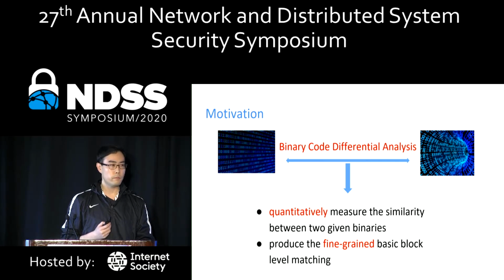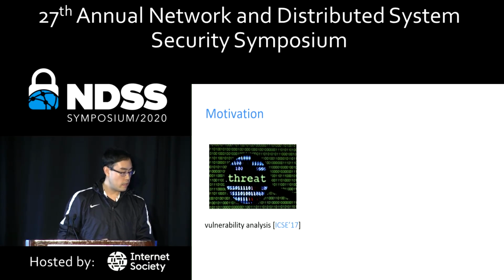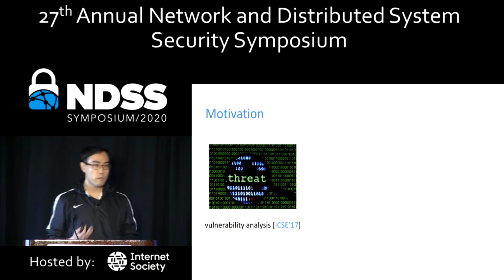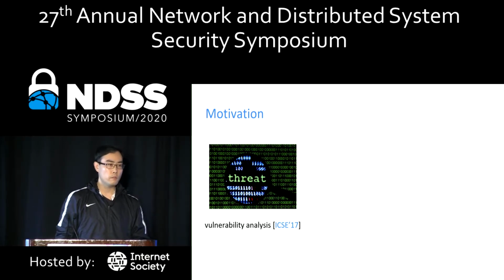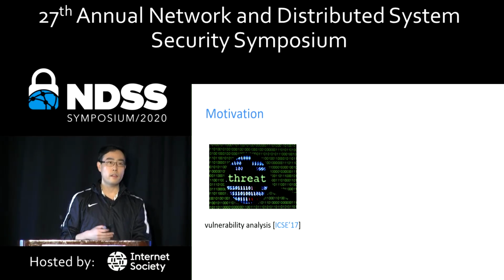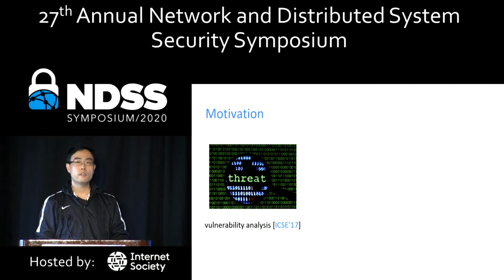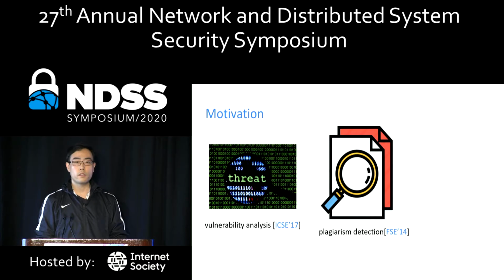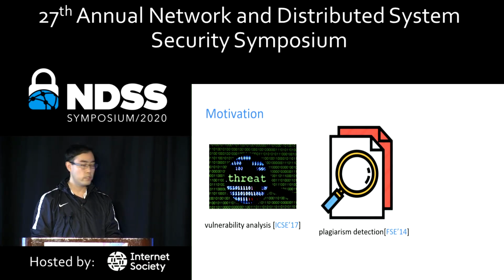Let me just give you a very simple example. Right here, we have vulnerability analysis. You can perform binary diffing on a binary that has a patch and a binary without a patch, and then you can identify the vulnerabilities and extract the vulnerability information. Second, binary diffing is also used in plagiarism detection.